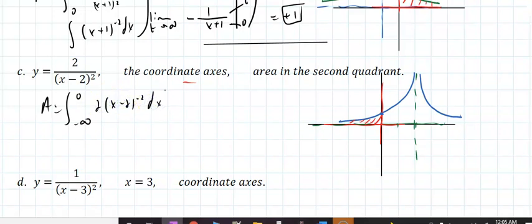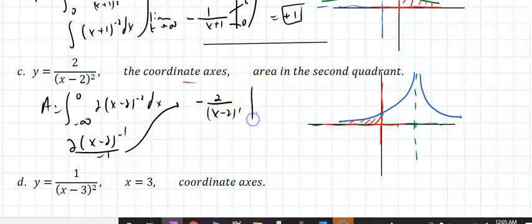Again, those are linear. That would be 2 times x minus 2, add 1 to the power, divide by that. No big secret. That'll be -2 divided by x minus 2 to the 1, evaluated from t to 0, taking the limit as t approaches infinity.